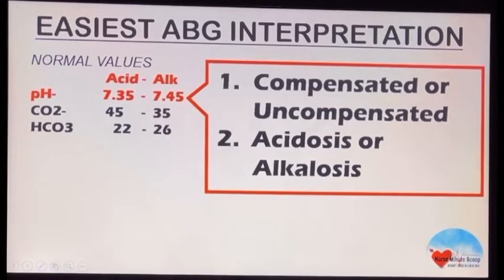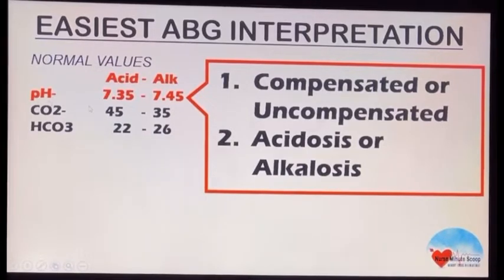Moving on, the first we're going to talk about is our pH. So normal value is 7.35 to 7.45. When you look at these values, you have to know if it's compensated or uncompensated. That's the first one. Looking at our pH, if it's within the normal range, it's compensated. But if it's outside the normal range, let's say less than 7.35 or more than 7.45, that will be uncompensated.